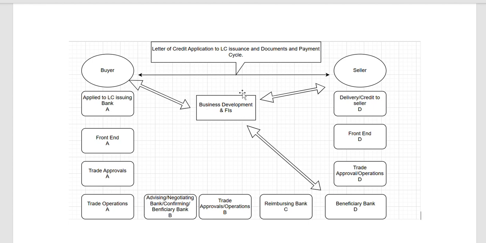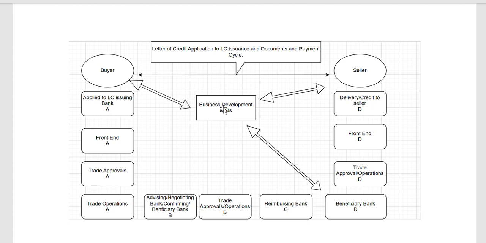Now here the business development role is basically to increase revenue and get more and more clients. They will be dealing with both the buyer and seller, right? Maybe they will be involved in different products, but they will be dealing with both buyer and seller.